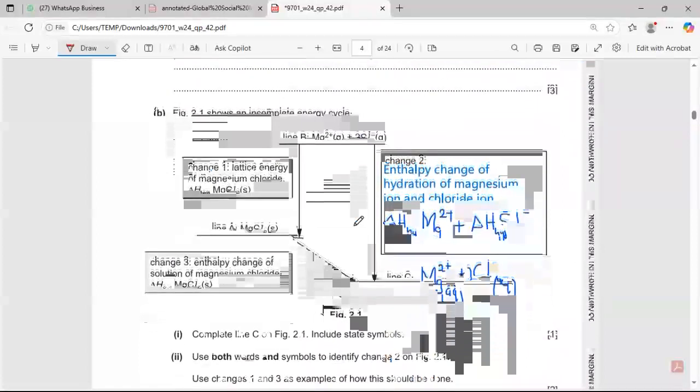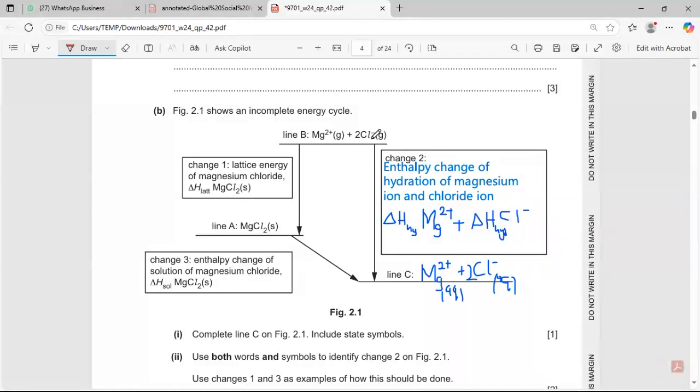Question B, figure 2.1 shows an incomplete energy cycle. Now, in this, you realize that we have magnesium 2 ions in gaseous state together with 2 chloride ions in gaseous state in this line B. In this step, they are undergoing change 1, which is lattice energy of magnesium chloride.